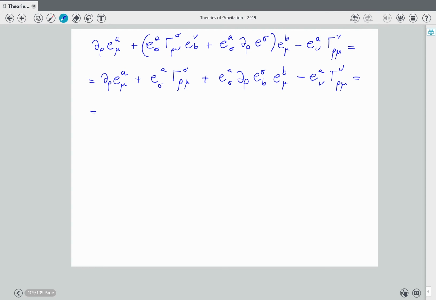So you see that these two objects go away, and the other two also, because remember, you know that when you have this kind of derivative in between contractions of indices for matrices that are inverse of each other, you can integrate by parts, let's say, so you can write it that way.